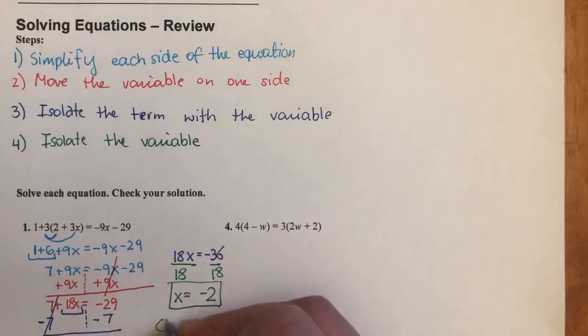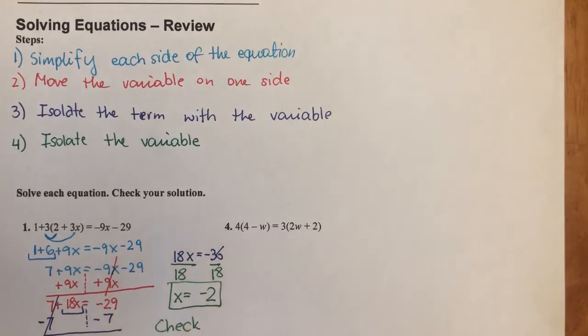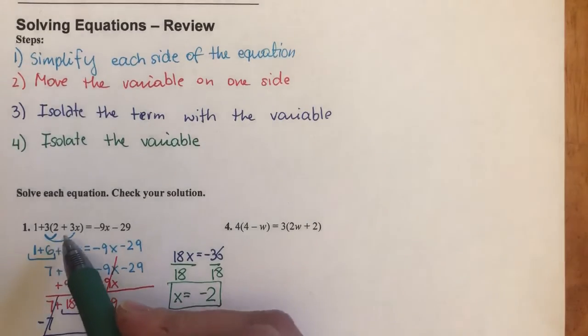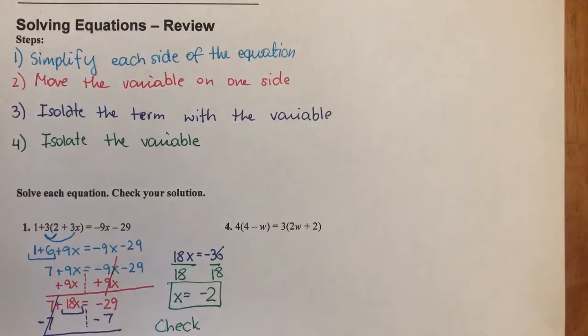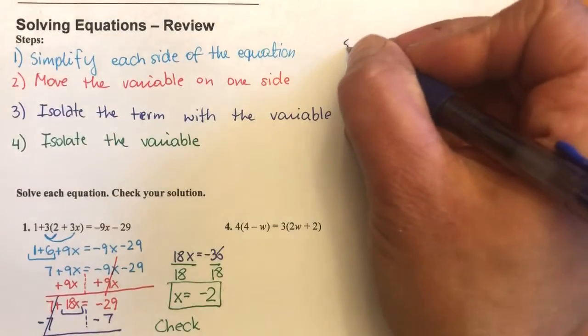We know that a great practice is to check. Take negative 2, plug it in everywhere in place of x, and make sure that you get the same thing on both sides of the equation. We can have 3 cases of how our solution may look.